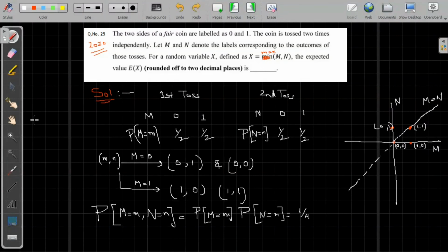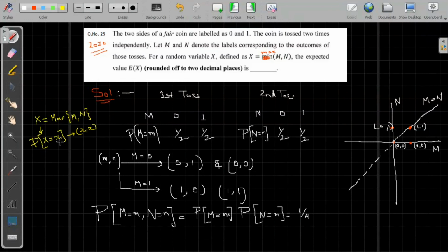So now we will calculate the PMF of x is equal to maximum of m comma n. From our shortcut method, we know to calculate the probability x is equal to x, we will need to consider rectangular boundaries with corner lying at point x comma x.